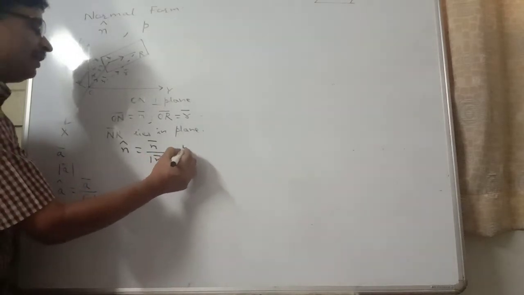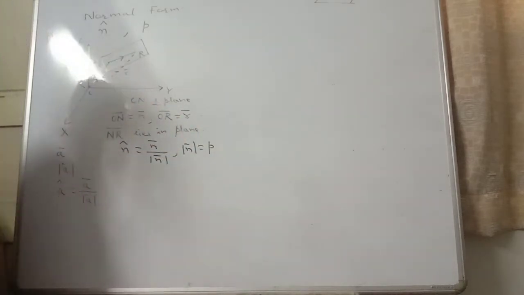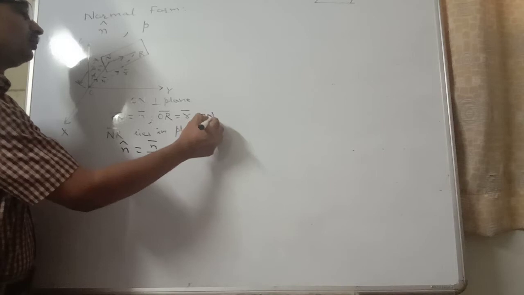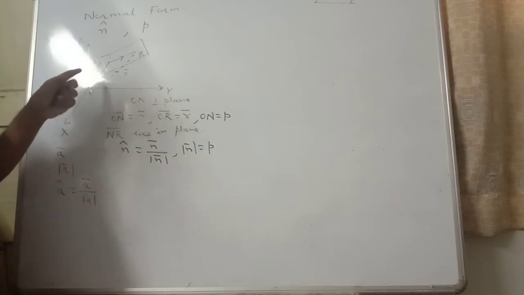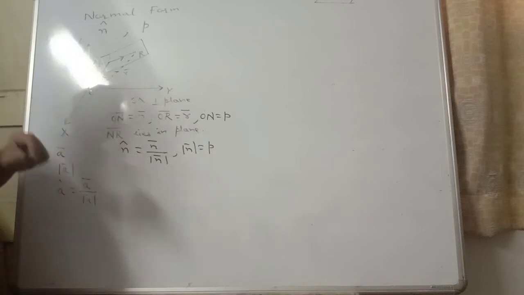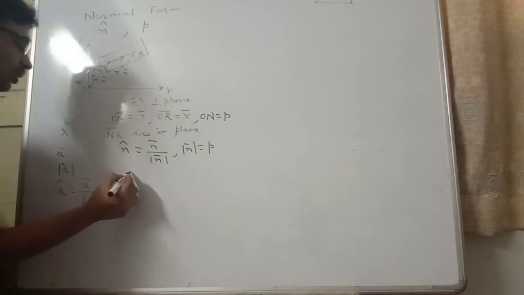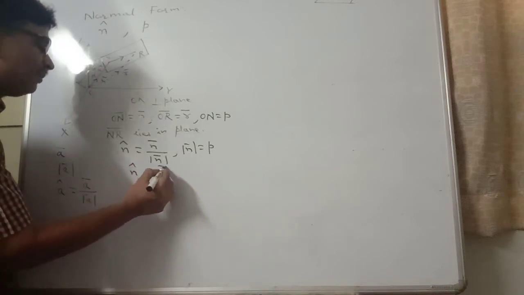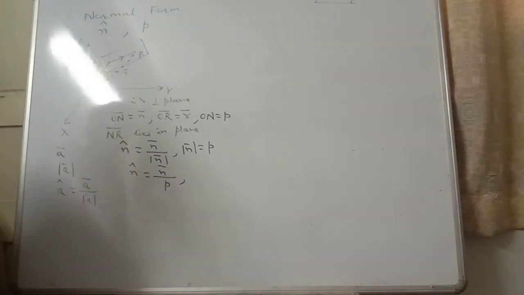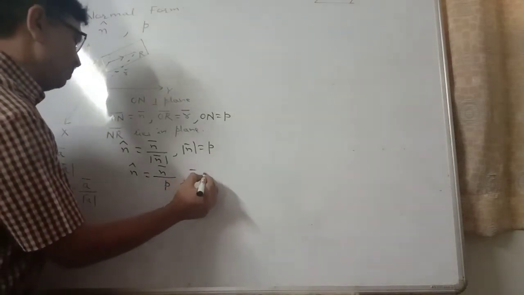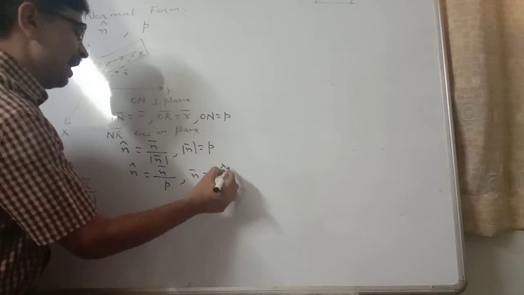And here the magnitude of n bar equals p, because the length of a directed line segment is the magnitude of the vector. ON equals p, and the magnitude of ON bar is the same as the magnitude of n bar, that is equal to p. So n cap equal to n bar upon p. So here n bar equal to p n cap.